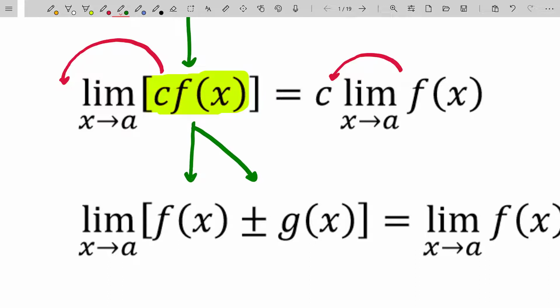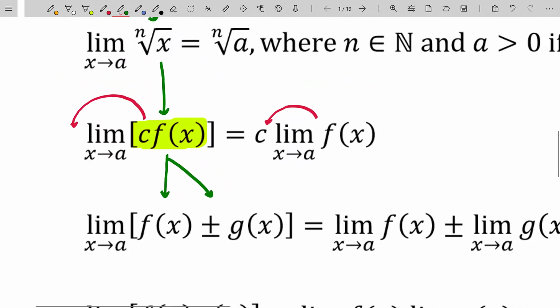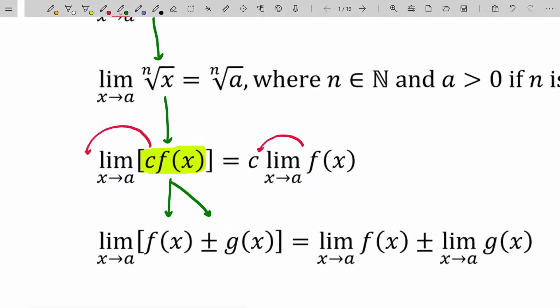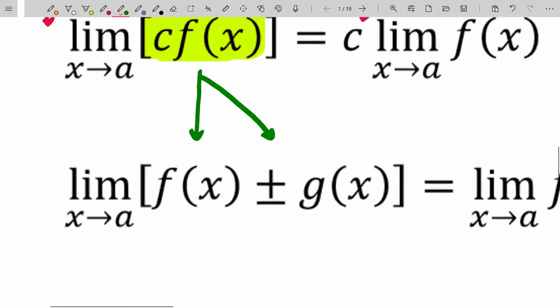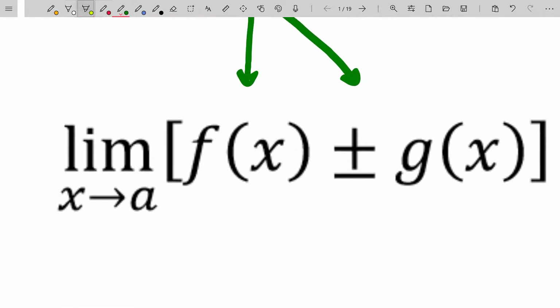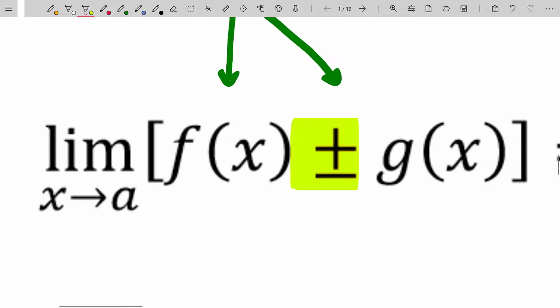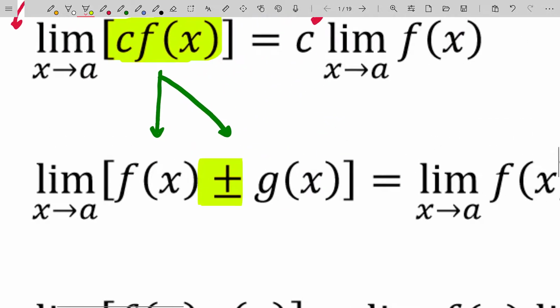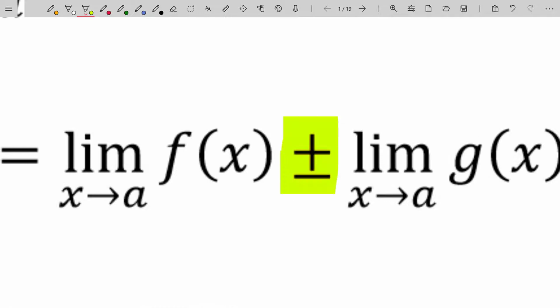We would say the limit of the sum or difference is the sum or difference of limits. That tends to be confounding for students when they hear that the first time. The limit of a sum or a difference, that's what this is right here. The limit of a sum or a difference of functions is, that's what the equal sign is, the sum or difference of the limits of functions.